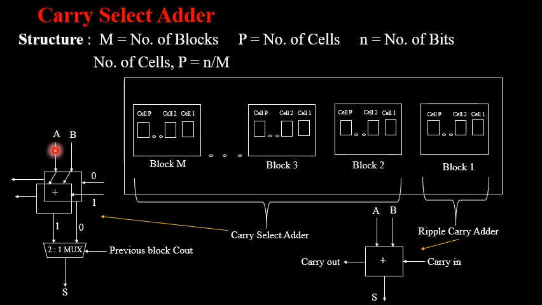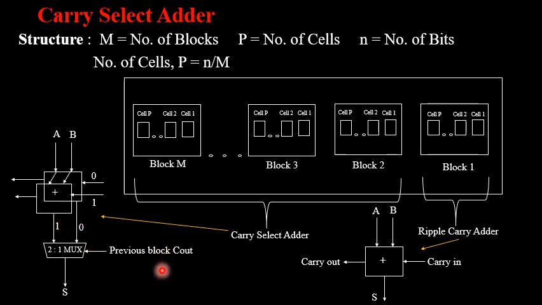This will be operand A, operand B, and these will be the carry inputs, and according to the carry inputs, whether equal to 0 or equal to 1, it will generate 2 outputs. The sum output can be either 1 or 0. So accordingly it chooses based on the carry output from the previous block, selecting the exact output, whether it has to be taken from 1 or from 0.